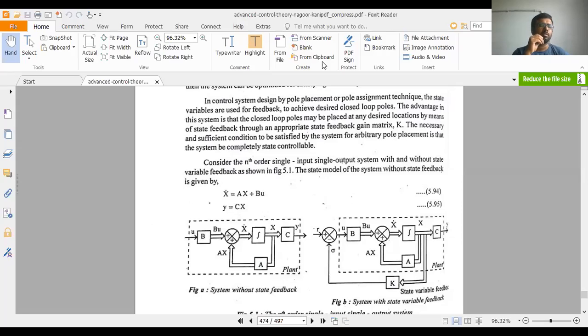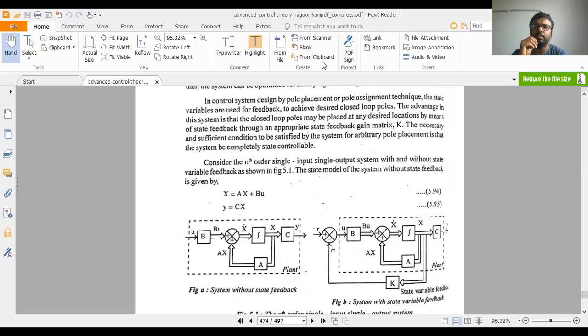So, in control systems design procedure by the pole placement technique or the pole assignment technique, the state variables are going to be chosen as a feedback path in order to achieve the closed loop poles.